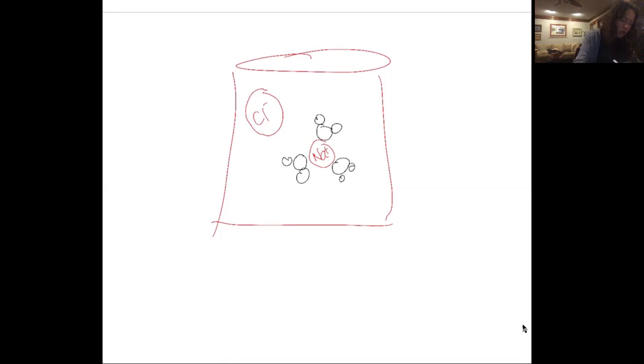Make it obvious just with the size of your circles. I didn't really do a good job there. Maybe there'll be a key or they'll give you a key. And over here, make sure that the partial positive hydrogens are attracted to the anion, okay? Because that only makes sense.